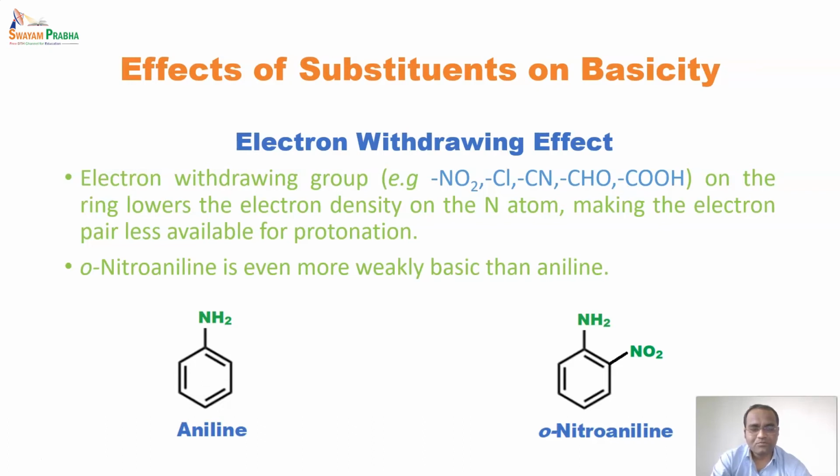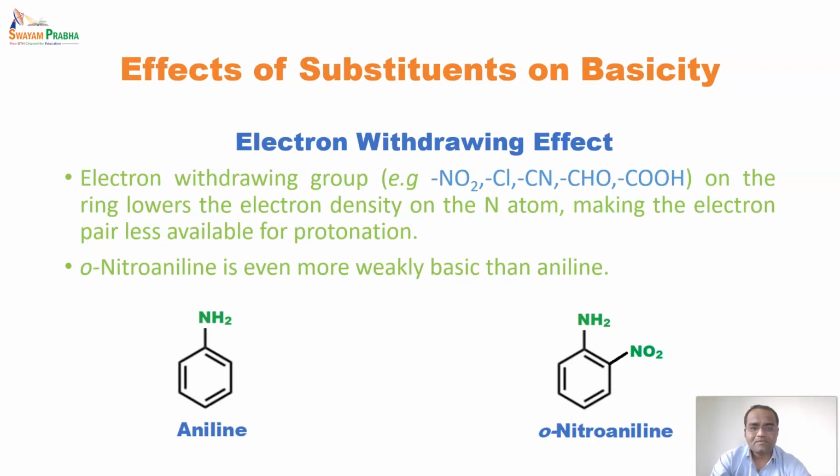So electron withdrawing groups lower the basicity of aromatic amines. When the basicity decreases, it means the adjacent or substituted group has an electron withdrawing effect.